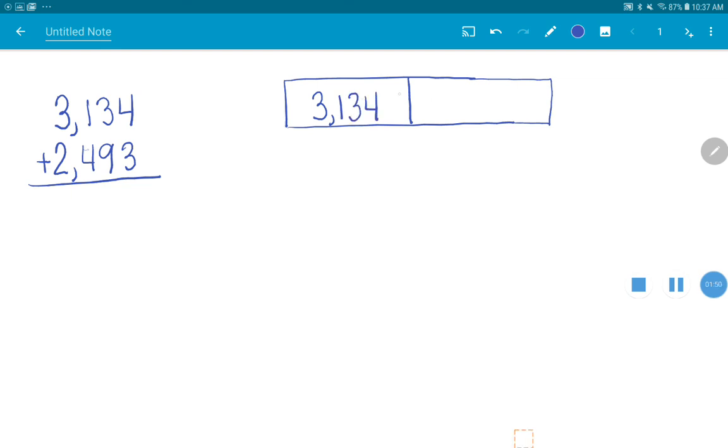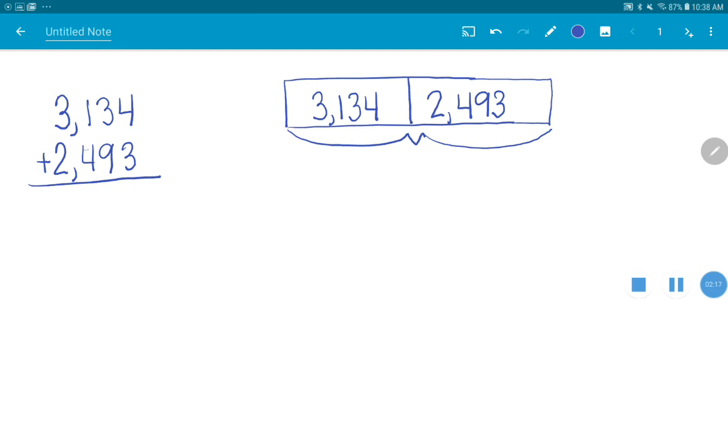What's my other part? 2,493 is my other part. So what is the unknown? What am I solving for? Am I solving for a part or am I solving for the whole? The whole. I know both parts, so the unknown is the whole, what makes up the whole thing.